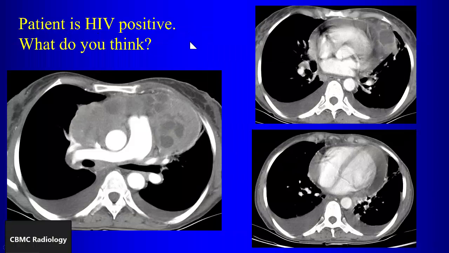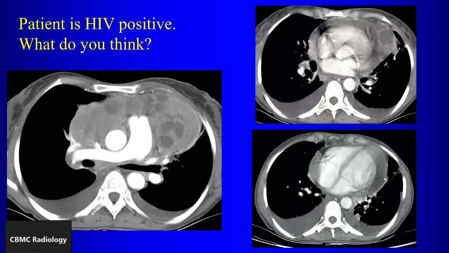So the history is very important here, right? I tell you the patient's HIV positive. Does this look malignant or benign? Malignant. So what would you think of here? Lymphoma is the answer, yeah. So HIV positive patients have an increased risk for lymphoma. So if they have a cardiac tumor, here you would think lymphoma.